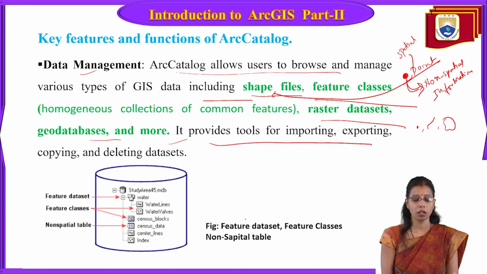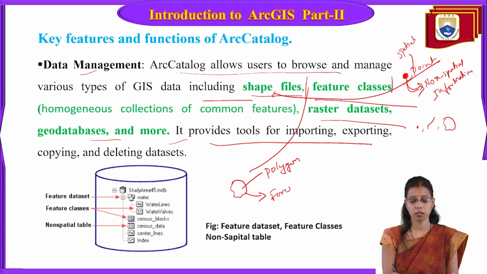So if you talk about feature classes, what are feature classes? Shapefiles are different files, we can say. If I talk about a polygon, this is a single shapefile. Under this shapefile, if I create other files like forest, water body, that all comes under the feature datasets.